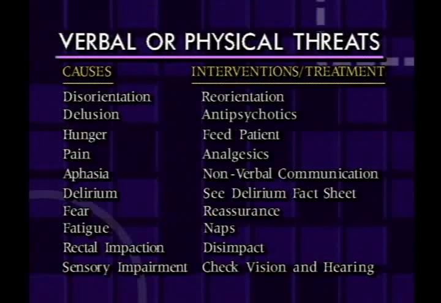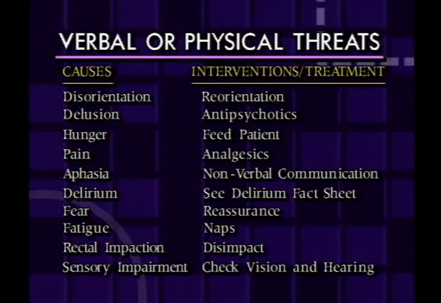Fatigue. Like small children, demented patients become tired, and when they become tired, they become irritable. In that circumstance, the best intervention is to allow them to take a 30-minute nap. Rectal impaction. Especially moderate to severely demented patients become impacted easily, and when they become impacted, they oftentimes become irritable and hostile.